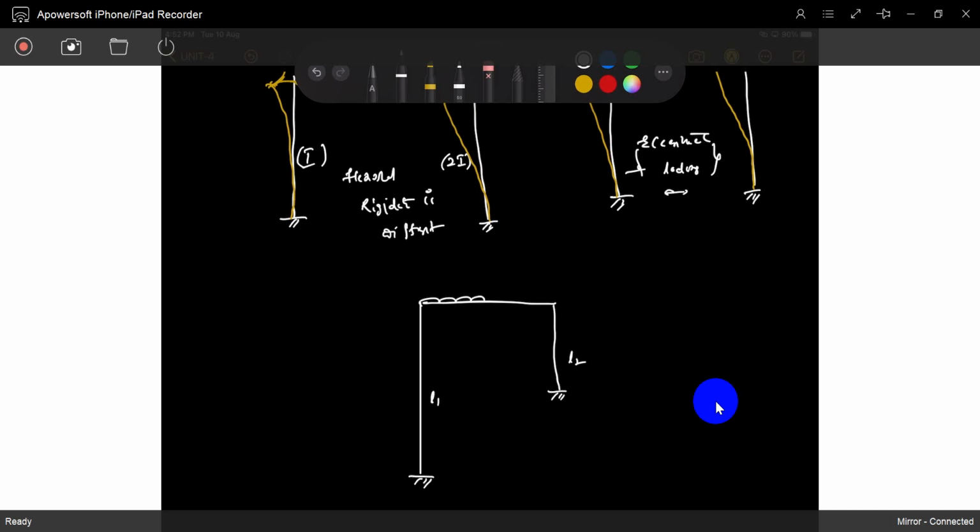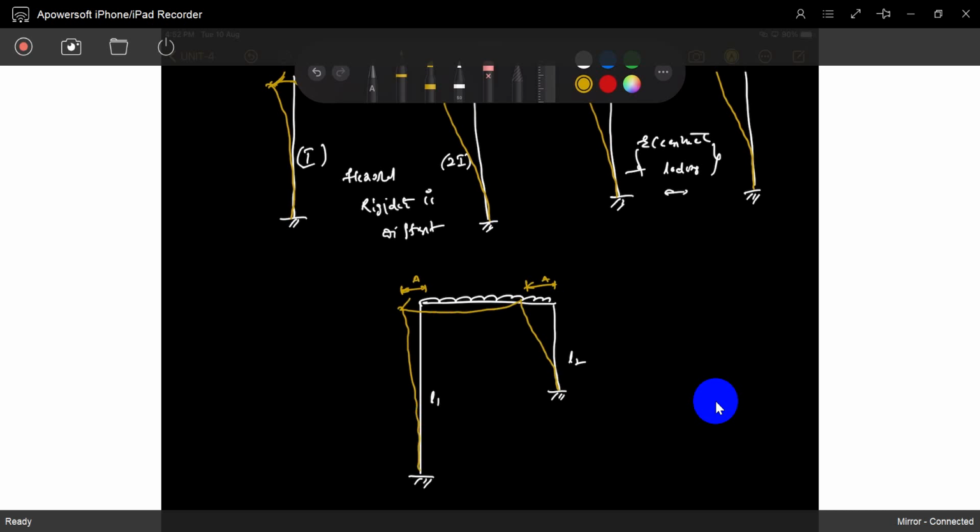Again, if you apply symmetric loading also, what will happen? It compulsorily experiences sway. Sway is experienced.